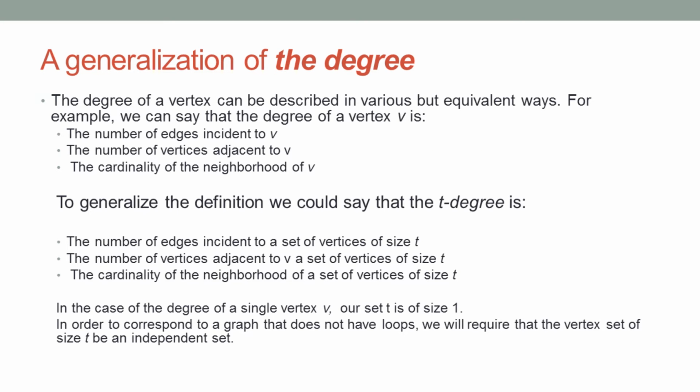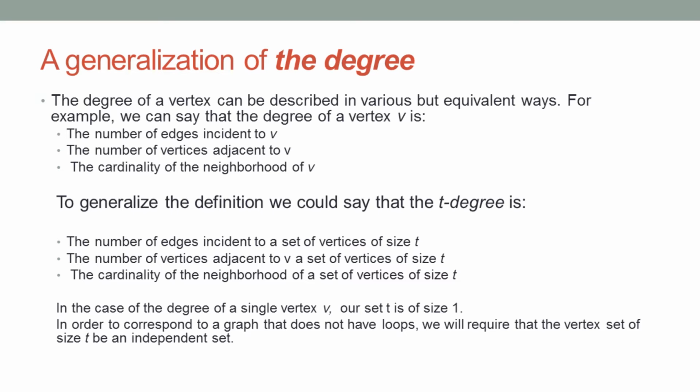There are different ways that we can describe the degree of a vertex. So let's look at 3 different ways that we can describe the degree of a vertex, and then we'll generalize the degree. You can think of the degree of a vertex v as the number of edges that are incident to v.